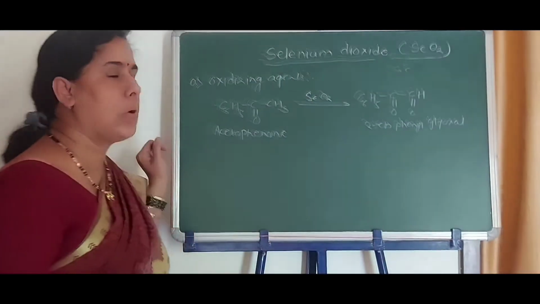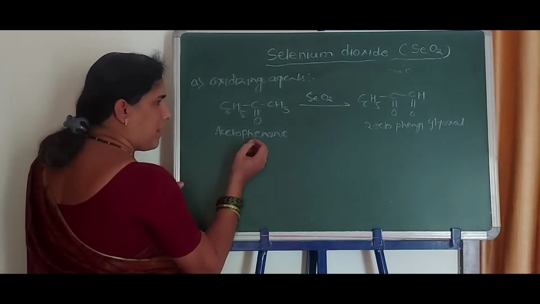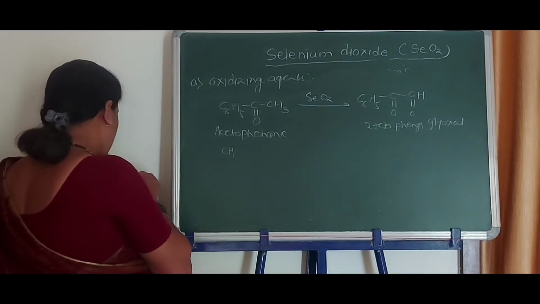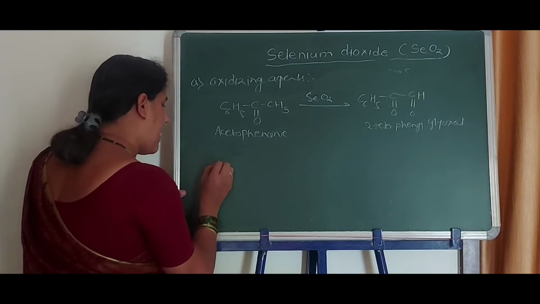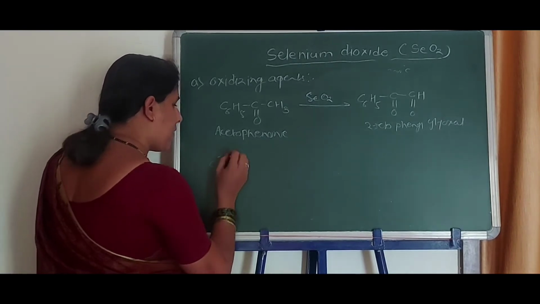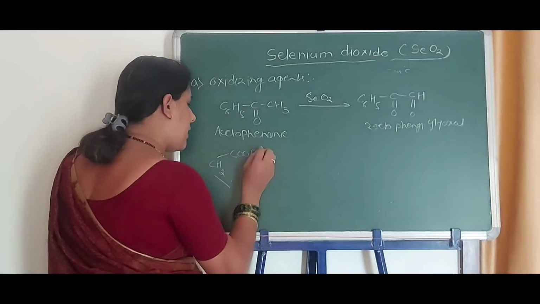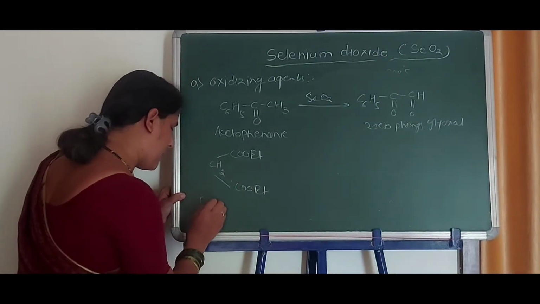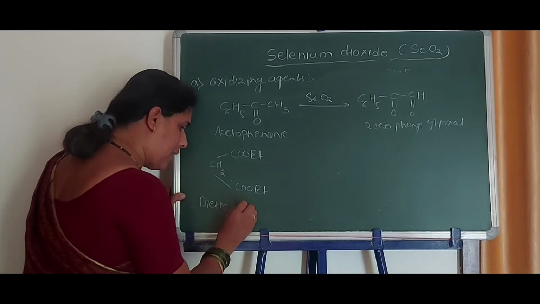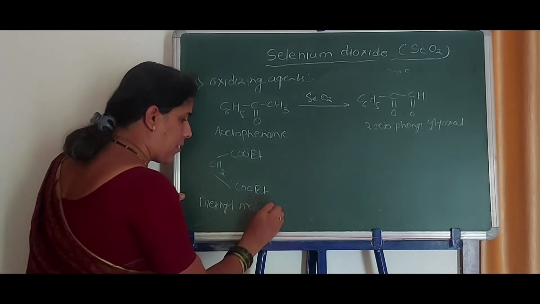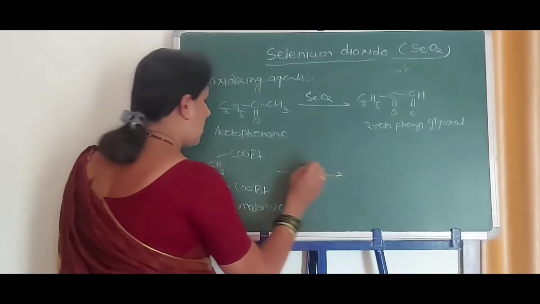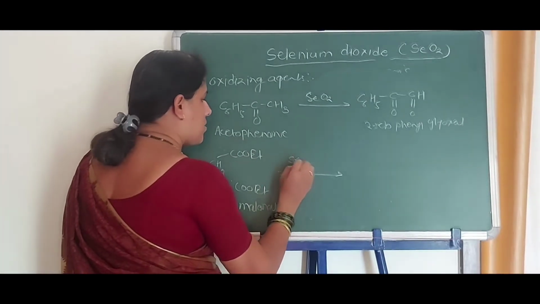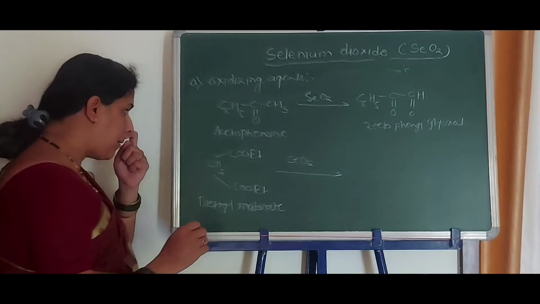Now another example we are going to take is diethyl malonate, that is with COOEt. The name of the compound is diethyl malonate. Which one gets oxidized in the presence of selenium dioxide?